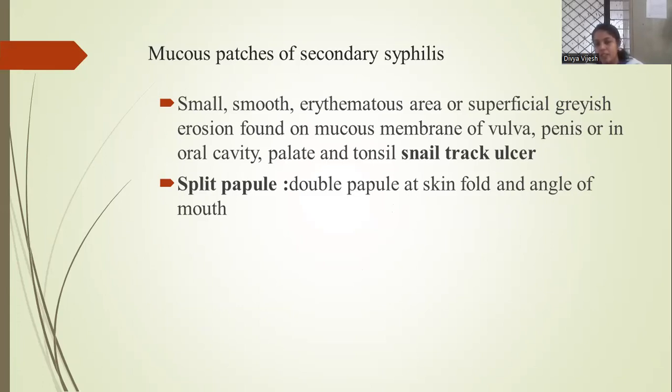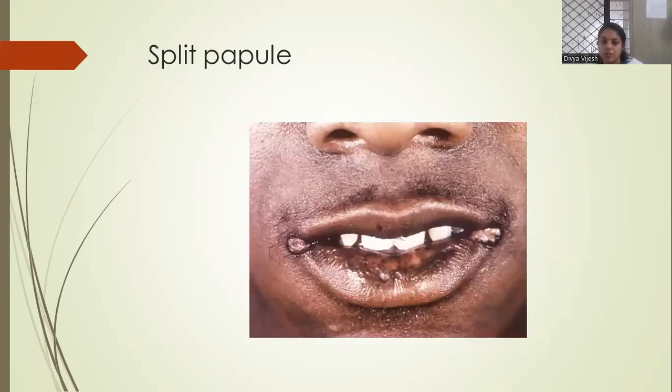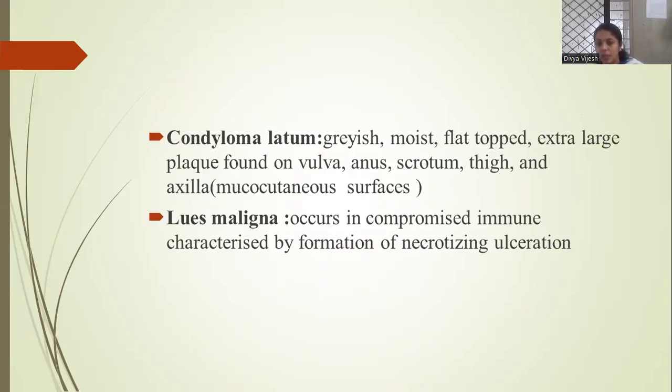Okay, like you have studied about that snail track ulcer, right? So split papule, double papule, at skin fold and angle of mouth. I'll show you. So, right, split papule and the snail track ulcer, and condyloma latum. It's grayish, moist, flat top, extra large plaque.